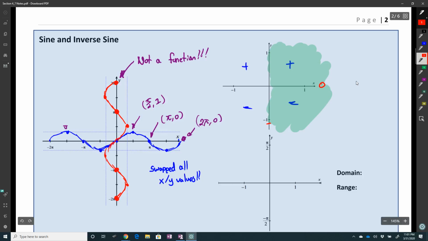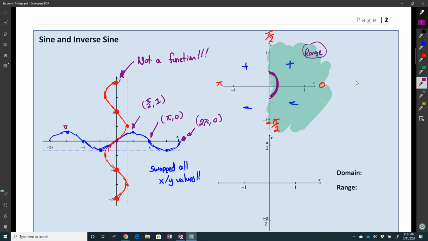So these are degrees. 0 degrees, pi over 2, pi. And here I'm going to go backwards. So this is negative pi over 2. So the range of the inverse of sine is only from negative pi over 2 to pi over 2.